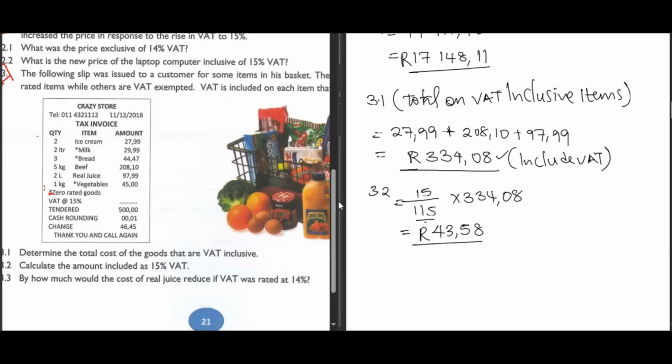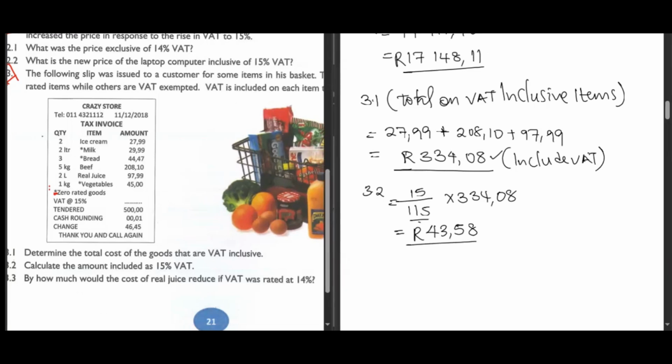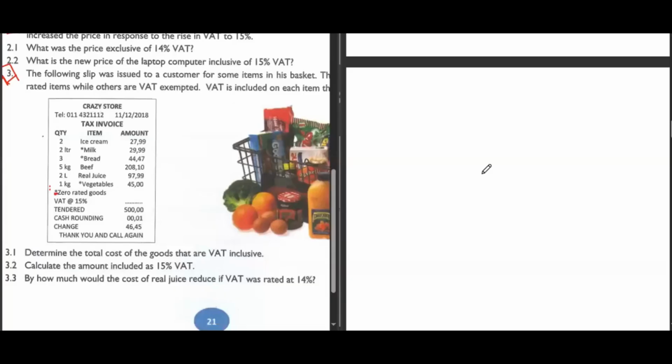All right. We look at question number 3.3. Now, question number 3.3 is not that tricky, but it's asking us questions. By how much would the cost of real juice reduce if the VAT was rated at 14%?